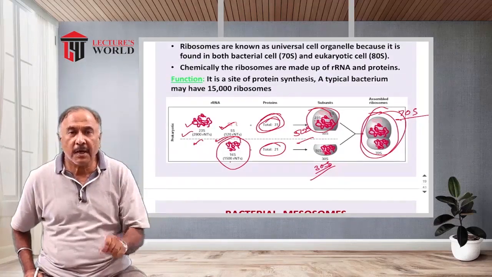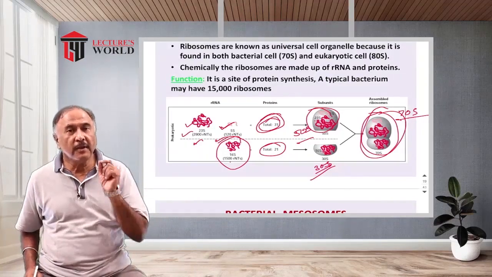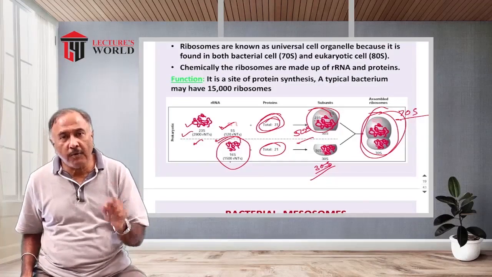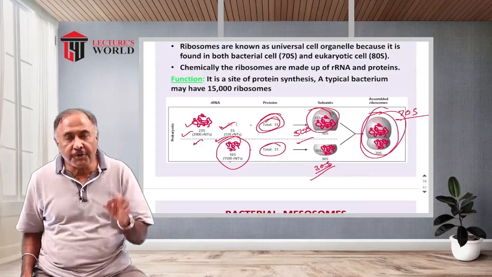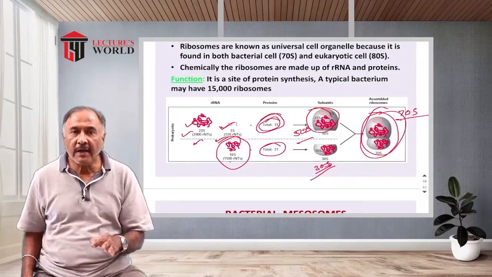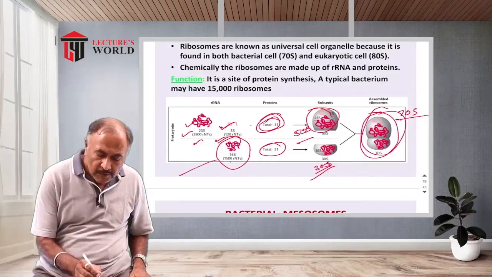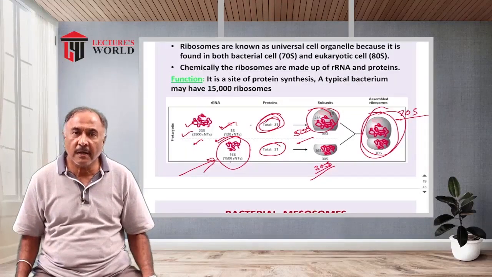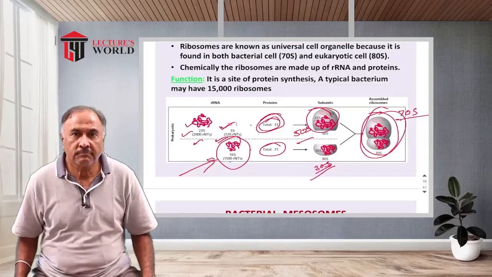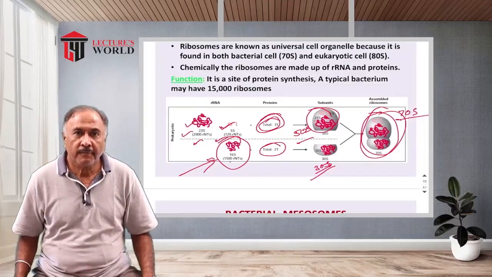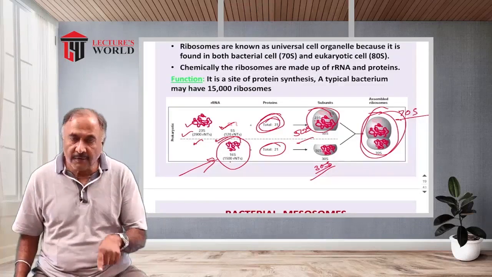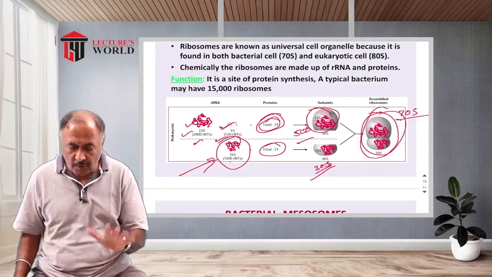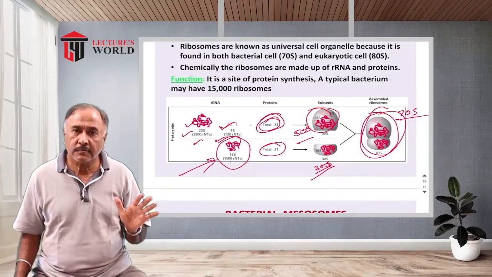Very important RNA, because the newer system of classification as proposed by Carl Woese, based on the evolutionary relationship, is entirely based on this rRNA, 16S rRNA. So this RNA plays a very important role in formation of the lower subunit of the ribosome.